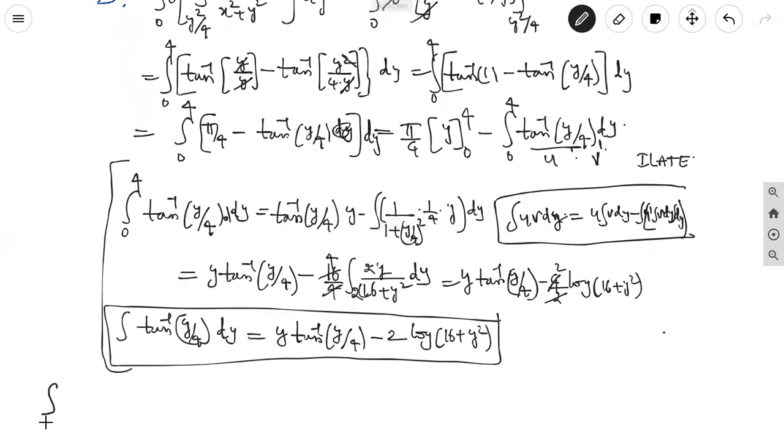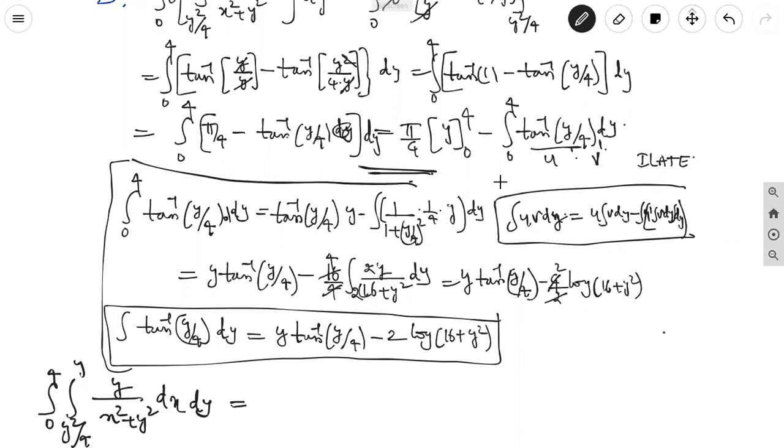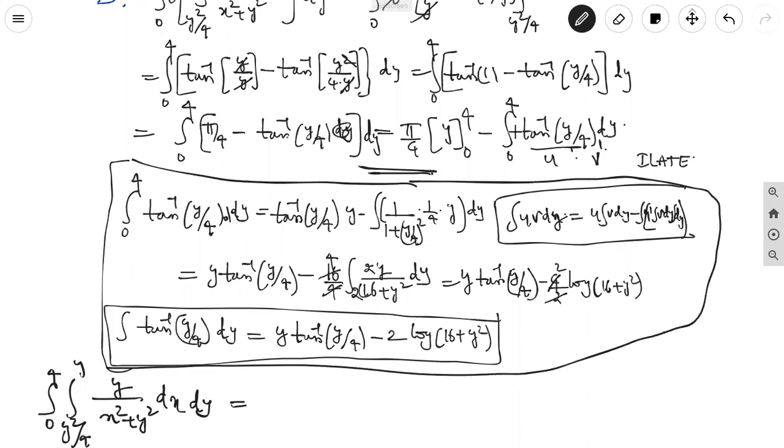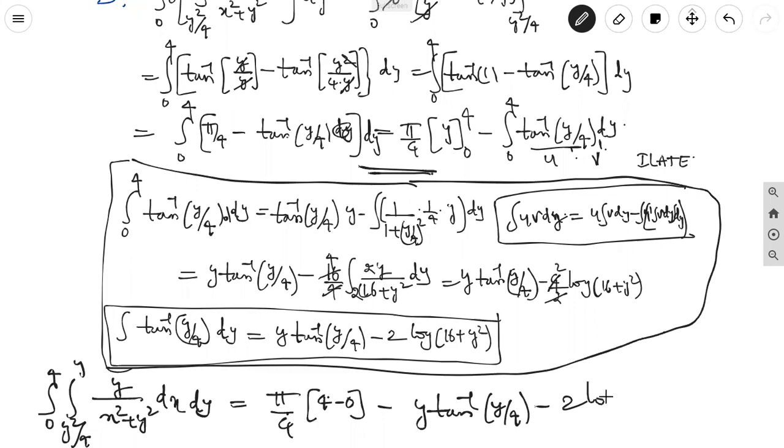What are we getting? Integral 0 to 4, integral y square by 4 to y of 1 by x square plus y square dx dy is equal to, applying this, pi by 4 into 4 minus 0 minus the tan inverse y by 4 dy value, which is y tan inverse of y by 4 minus 2 log of 16 plus y square, limits 0 to 4.